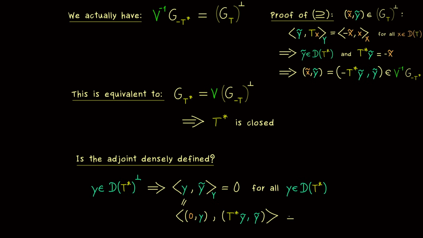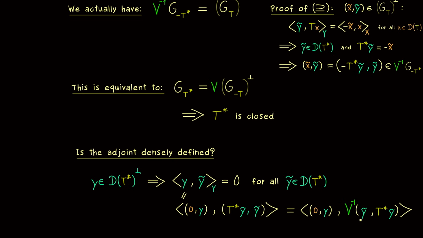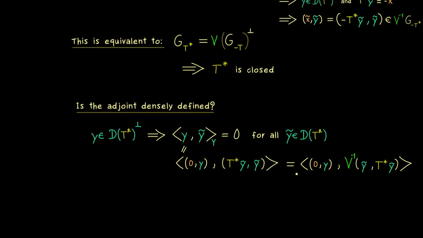And there you see, this last pair together with the V operation gives us the graph of T star. So we just have to flip it to put the pair in the correct order for a graph. And now what we see is that this inner product is equal to 0, which means that (0, y) is orthogonal to the graph of T star.